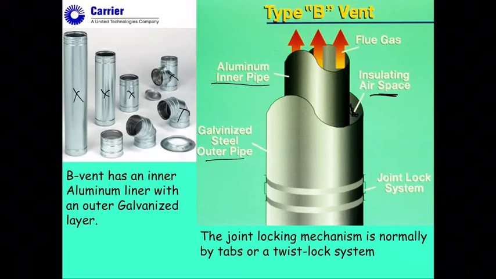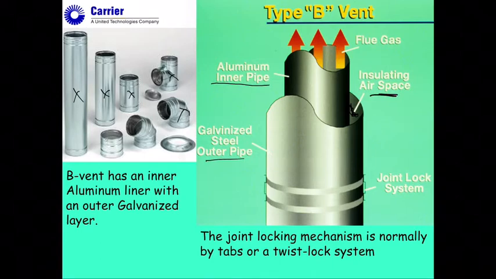And that's fairly normal. The locking system could either be by tabs that you assemble or join them, or it could be some sort of a twisting locking system. But there has to be some sort of a mechanism in there that is used to assemble them so the pipes don't come apart once you push them together. You don't use screws in these systems.